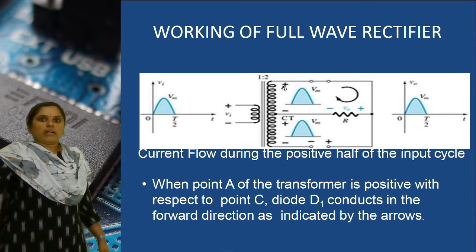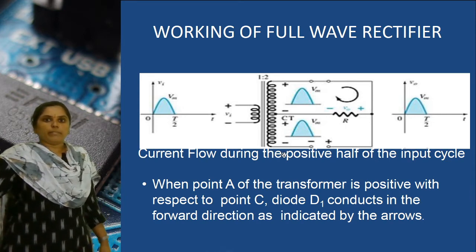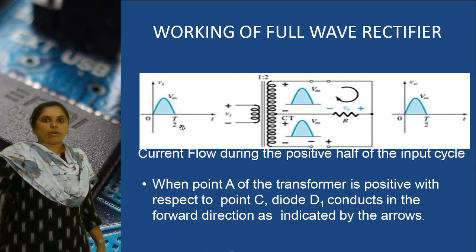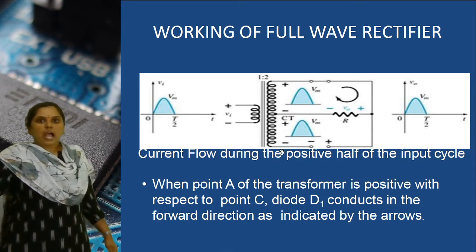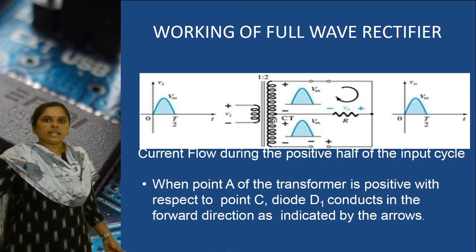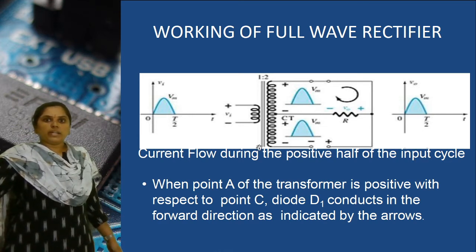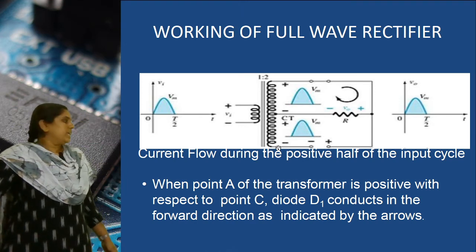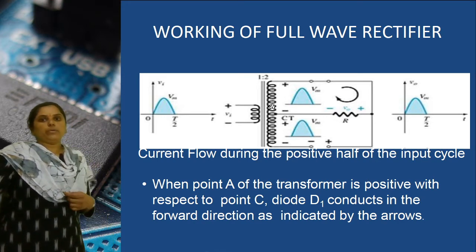Because, see here, this point is A and this point is B. When we apply the positive half cycle, point A becomes positive with respect to C and point B becomes negative with respect to C. This is the center tapped transformer, and this is the center point. So point A becomes positive with respect to C.